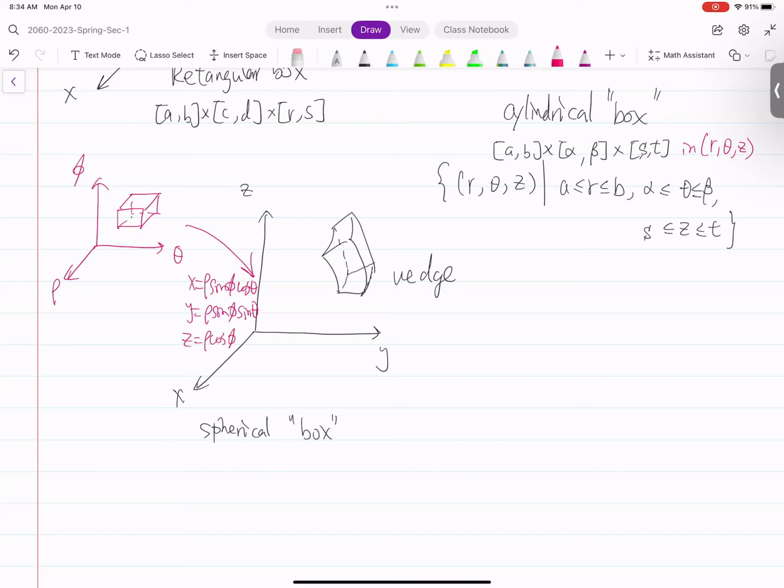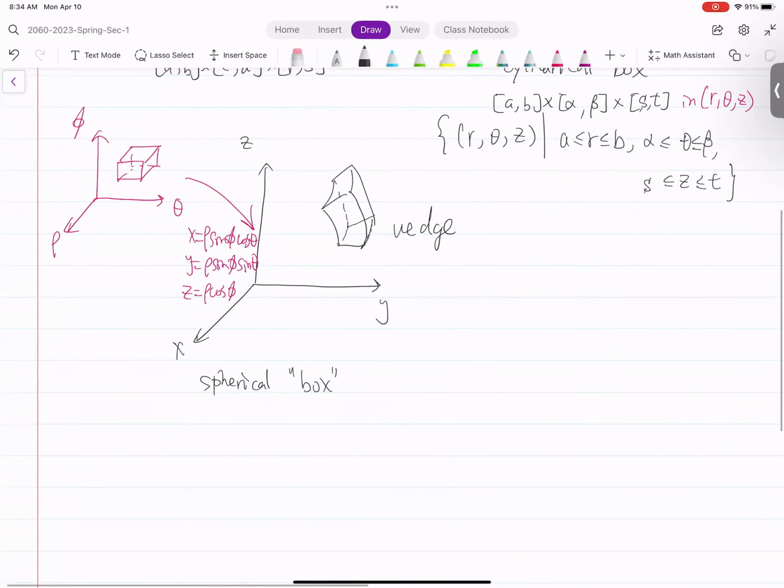Right? So if you recall, phi is the angle from the z-axis rotating to your point, right? And then theta is exactly the projection that you do into the xy plane and then get that angle from the polar coordinates x, y. Okay.